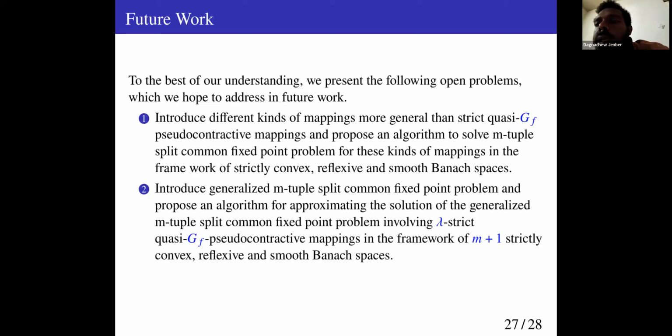Because the above work depends only on uniform convexity and smoothness, we want to broaden from uniform convexity and smoothness to strict convexity, reflexivity, and smoothness.